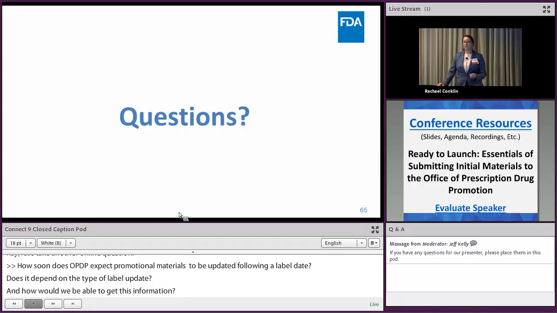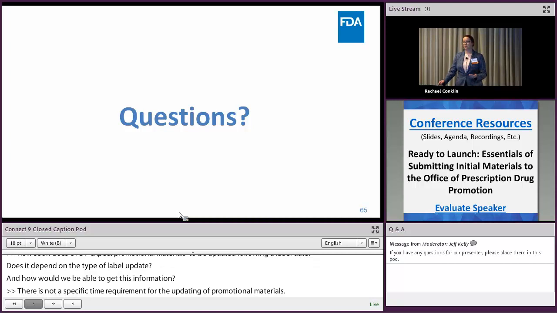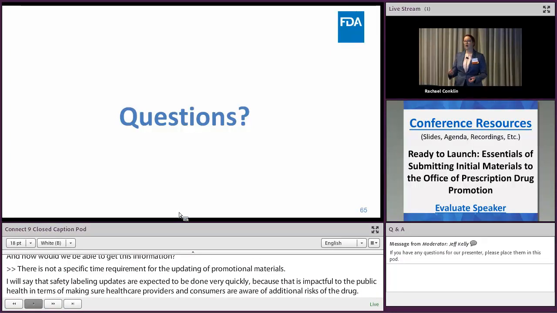I will say that safety labeling updates are really expected to be done very quickly because that is impactful to the public health, in terms of making sure that healthcare providers and consumers are aware of additional risks of the drug. Certainly if a warning and precaution or contraindication is added, that really needs to be communicated or updated quickly in the labeling. There is not a specific time frame for that.